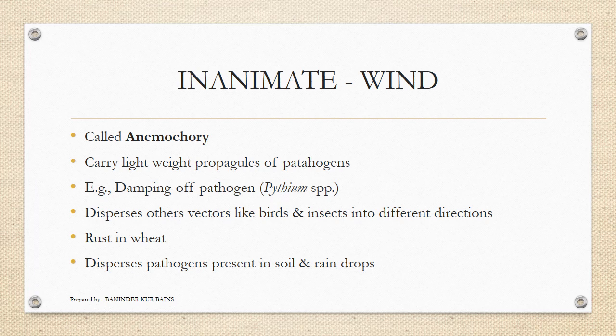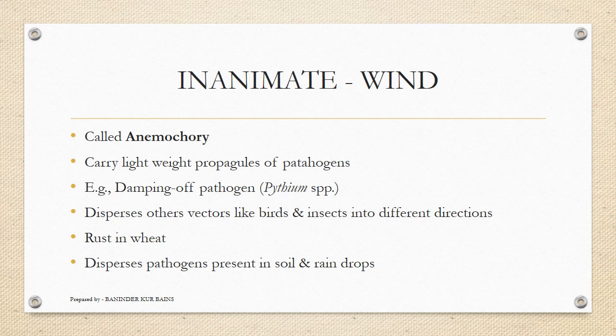And wind also disperses many other vectors like other organisms, birds and insects. When the fast wind is blowing, then they disperse into different directions, and they also spread the diseases or disease causing pathogens or spores which they are carrying.